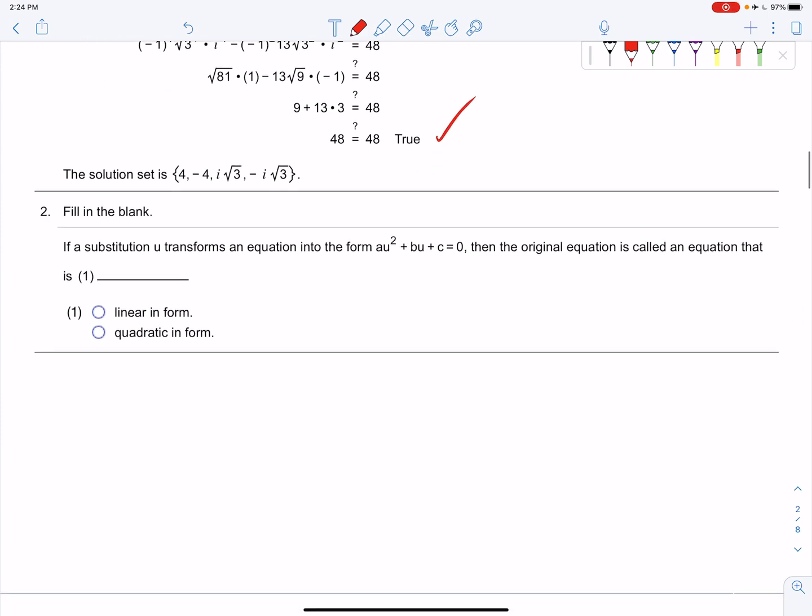Let's take a look at what we just learned. The language of it says that if a substitution u transforms an equation into the form au squared plus bu plus c equals 0, then the original equation is called an equation that is quadratic in form.